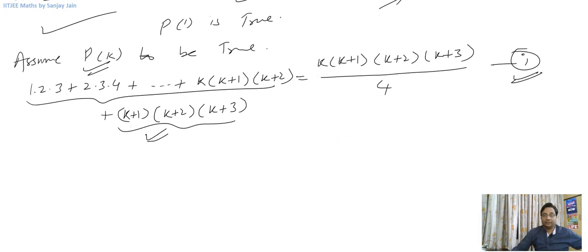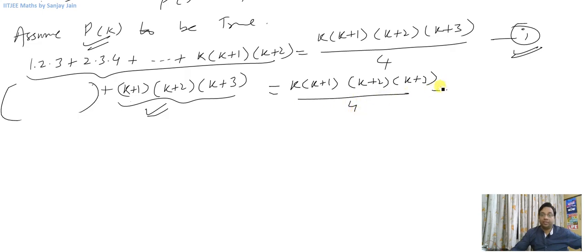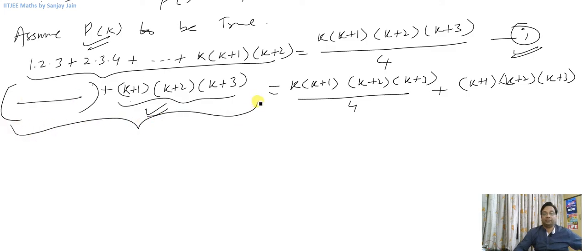So the right hand side will become k into k plus 1, k plus 2, k plus 3 divided by 4 plus k plus 1 into k plus 2 into k plus 3. This is the left hand side of P of k plus 1, and let me check what will be the right hand side.